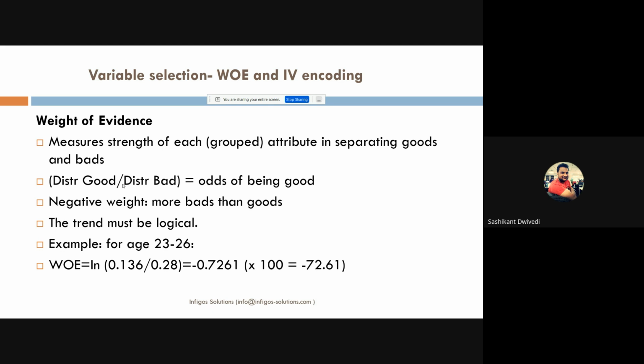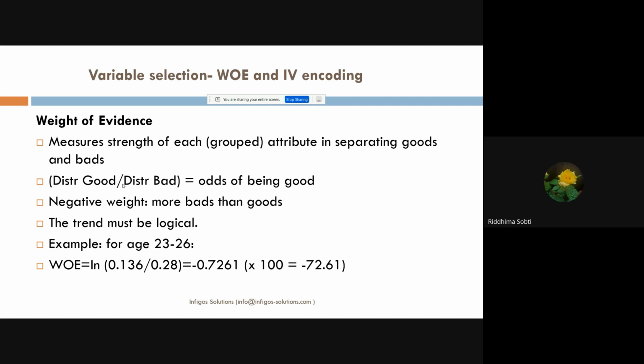Let's suppose the WOE of 20 to 26 is minus 72. So if we have a candidate, you need to do the WOE transformation of the whole data. That's what my question is. And use that particular information in your final model equation, right? Right. Yeah. Okay.